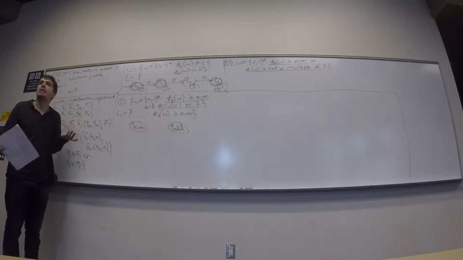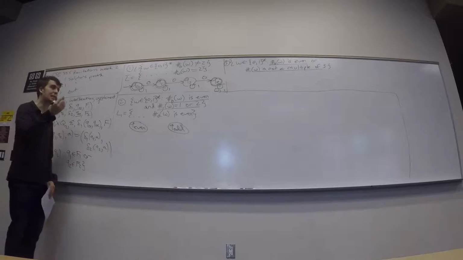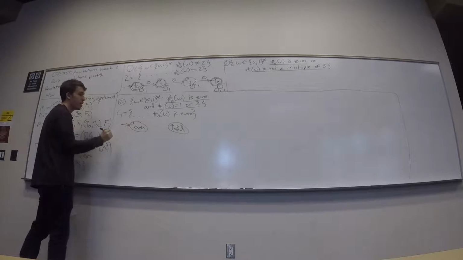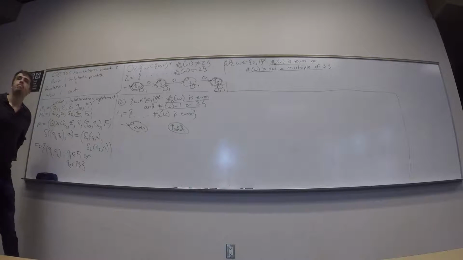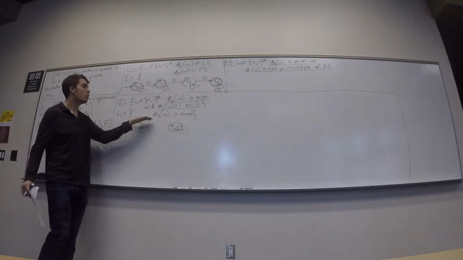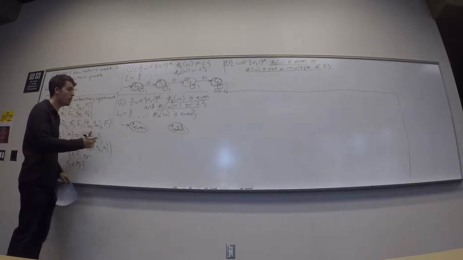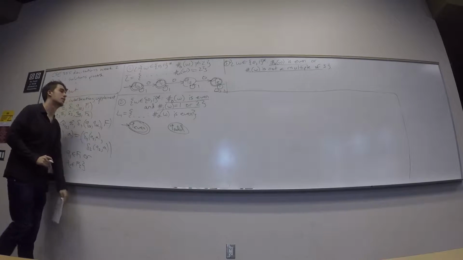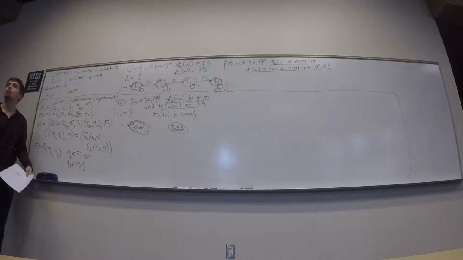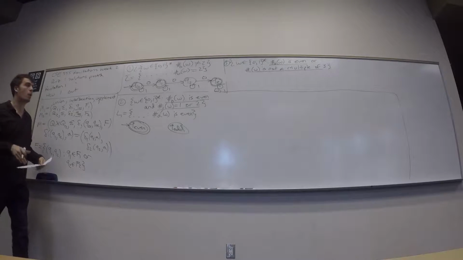Even, because the empty string has an even number of zeros. What are the final states? Q even, right? Because I want to recognize only the even case. So I better make Q even the final state.